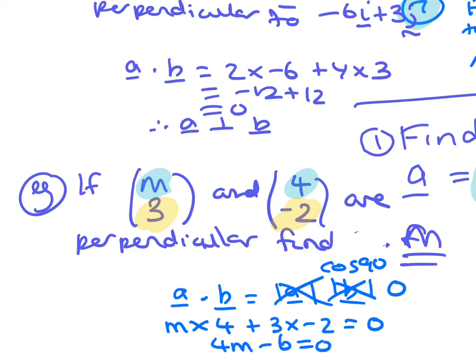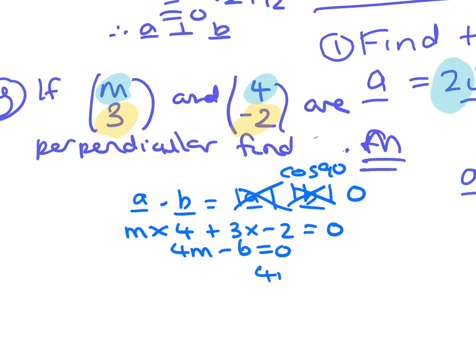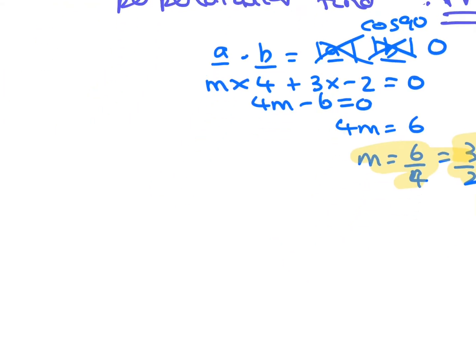So 4m minus 6 is 0. So 4m equals 6, and m is 6 over 4, or 3 on 2. So for these two vectors to be perpendicular, the m value would have to be equal to 3 on 2.